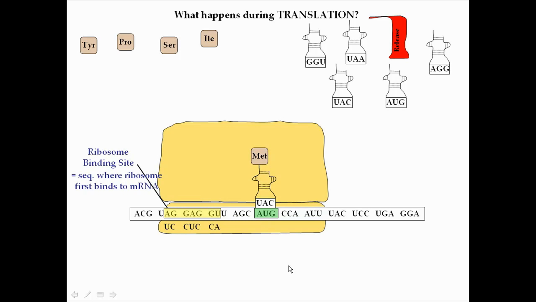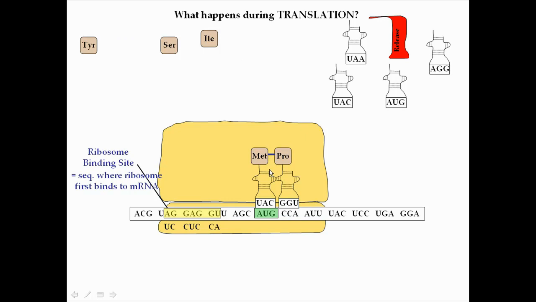And so what happens next is basically the same thing, right? So whatever the CCA codon encodes for, there's going to be a transfer RNA that brings a specific amino acid to it. So now we have the beginnings of a protein. We have the first two amino acids now strung together. You might remember that the bond that holds together two amino acids is called a peptide bond.